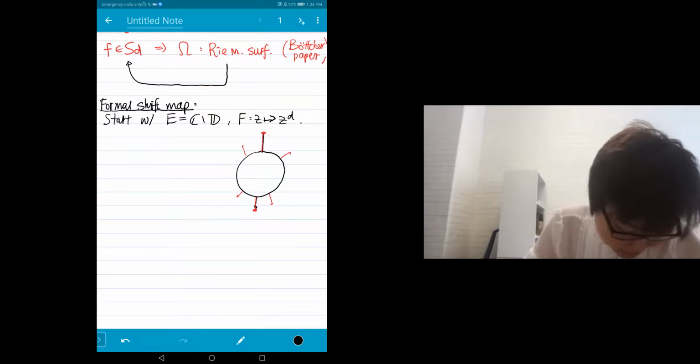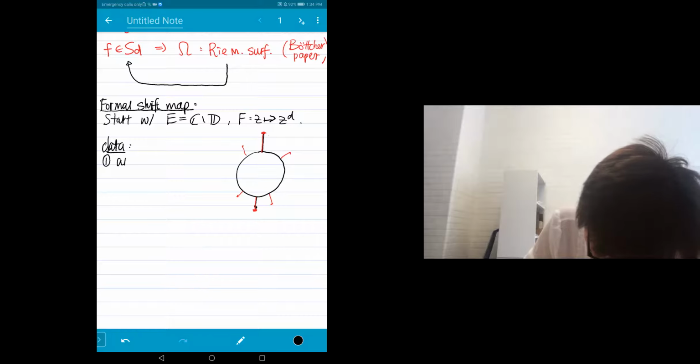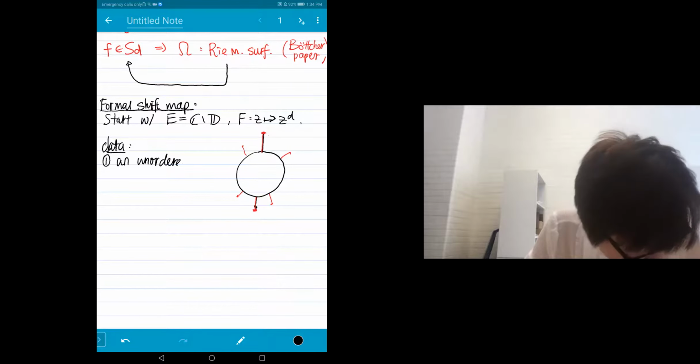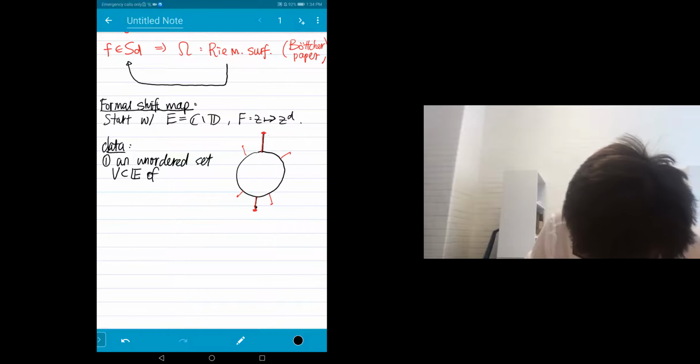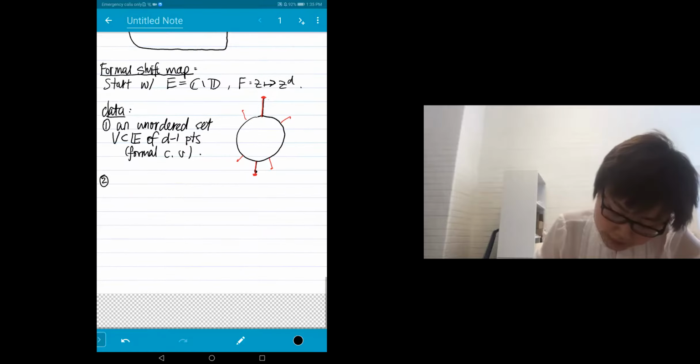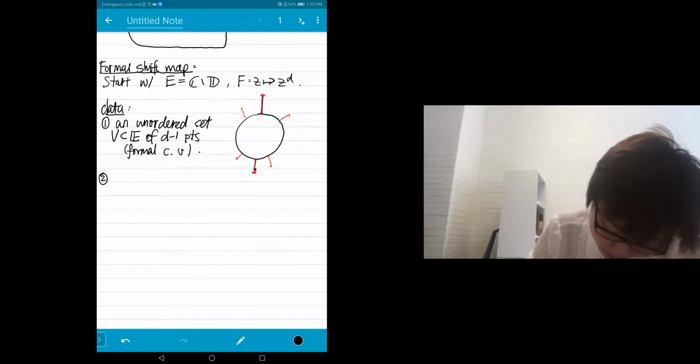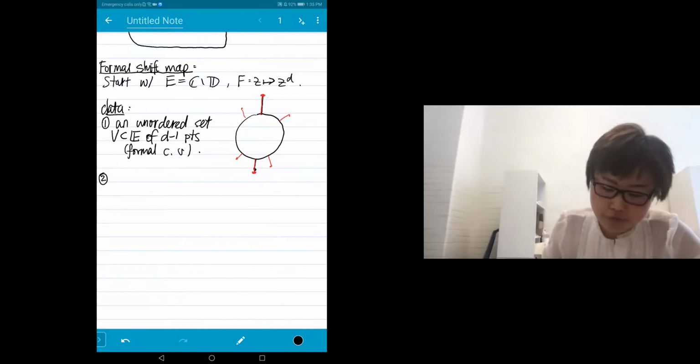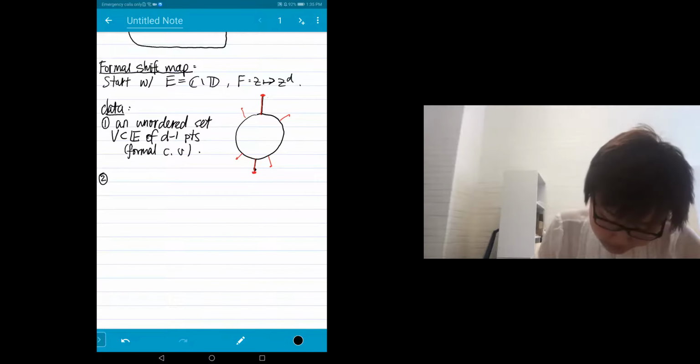Okay, so basically the data is the following. First you take an unordered set V inside this E of D minus 1 points to be the formal critical values. And number 2 is for each critical value. Generically, you will have the pre-images, but you could have multiplicity.